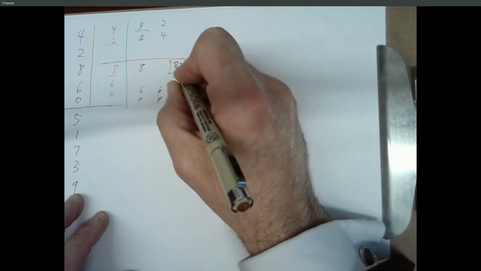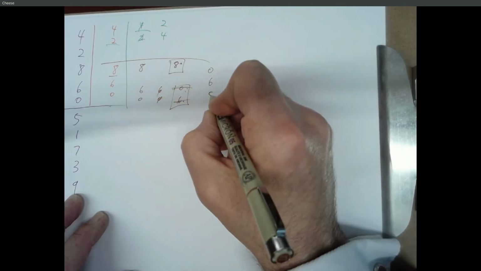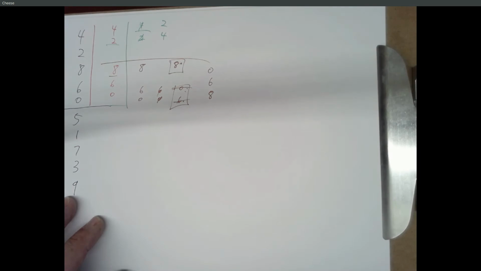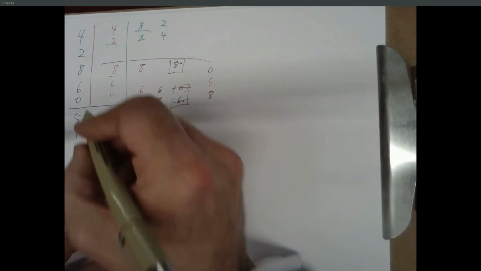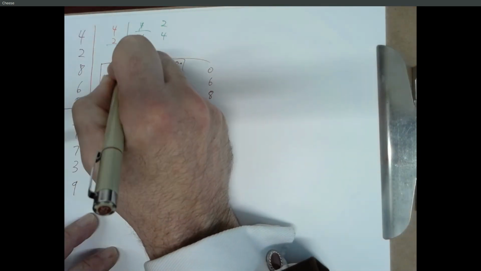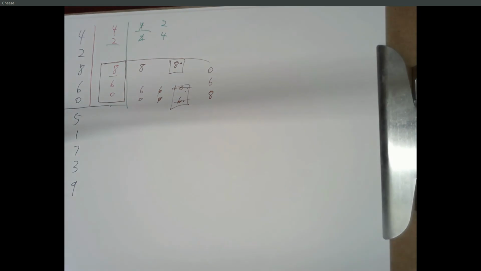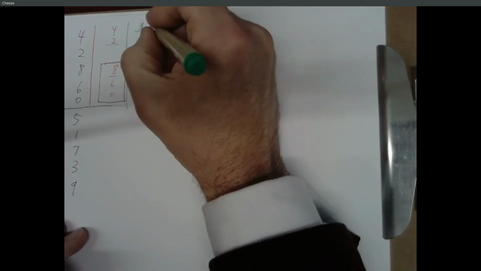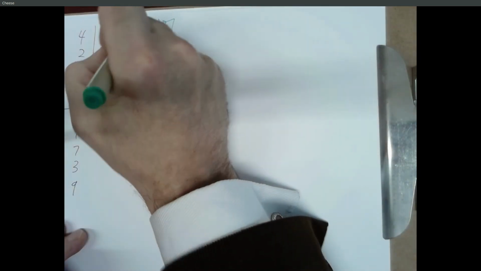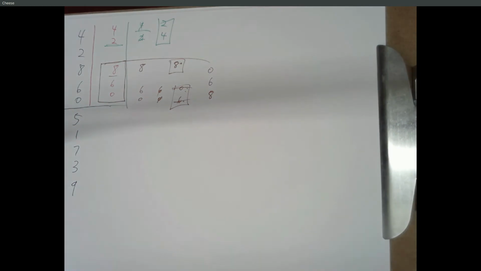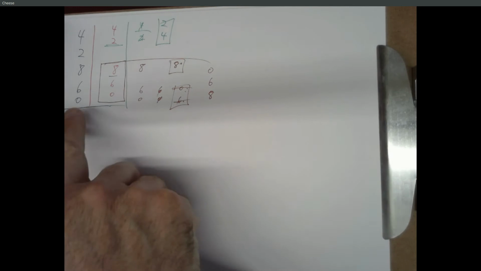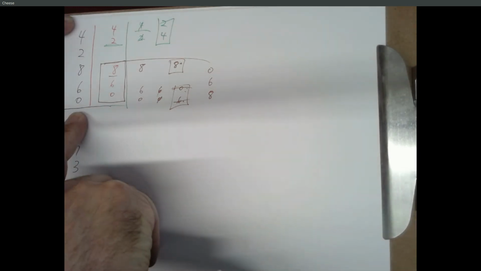Now look at the first element in each, there's only an element here, that's an 8. So we get a 0, 6, 8. That's the result of doing merge sort on this. And this was the result of doing merge sort on that.